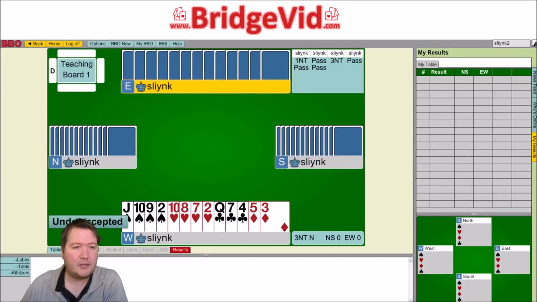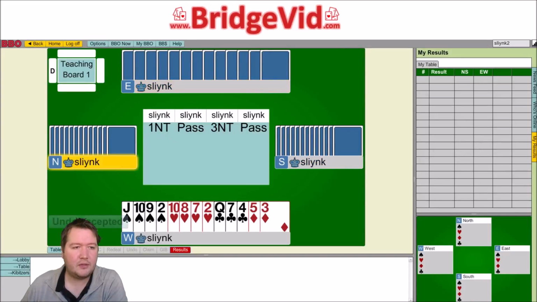So let's just backtrack and look at the auction. So 1 no trump, and then South will bid 2 club Stayman, and 2 diamonds, no 4 card major, 3 no trump.